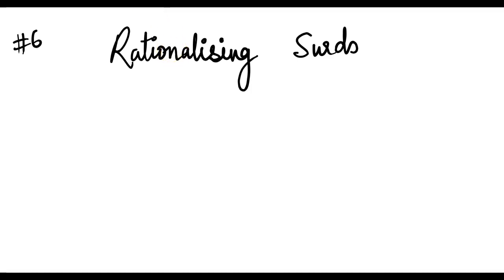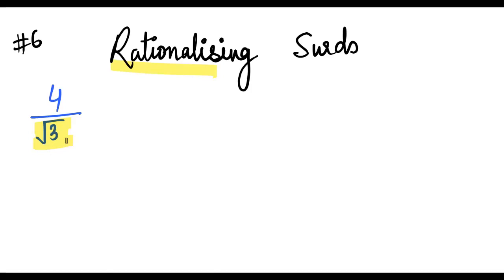What exactly is rationalizing? Rationalizing basically means converting an irrational number into a rational one. Let's say, for example, we have a fractional surd, maybe 4 over root 3. It is irrational because it has a surd. We want to remove the surd.